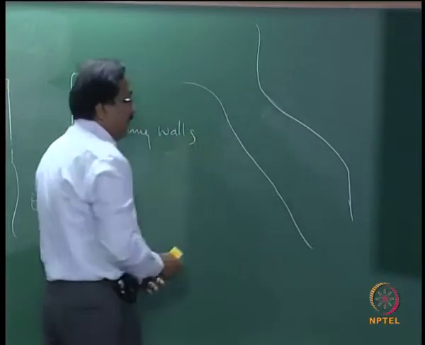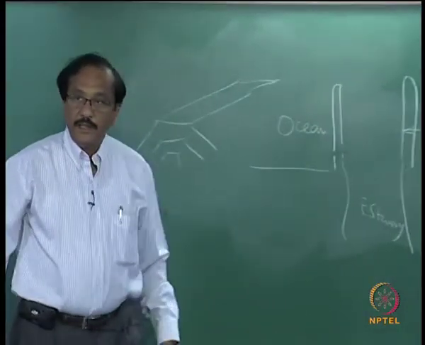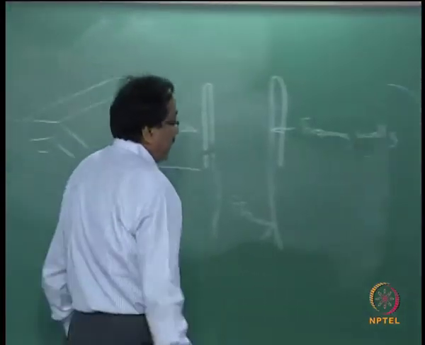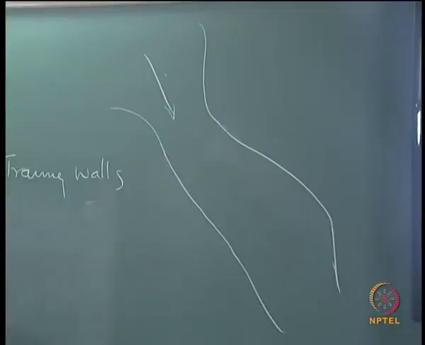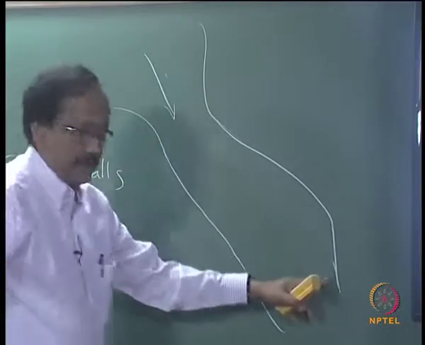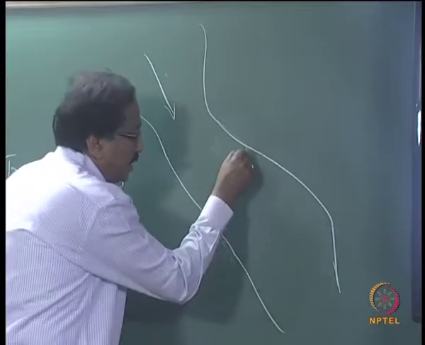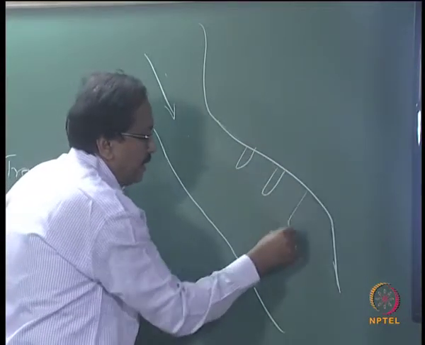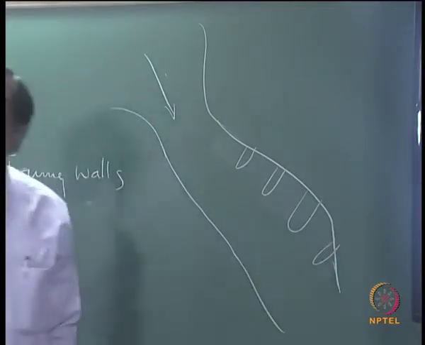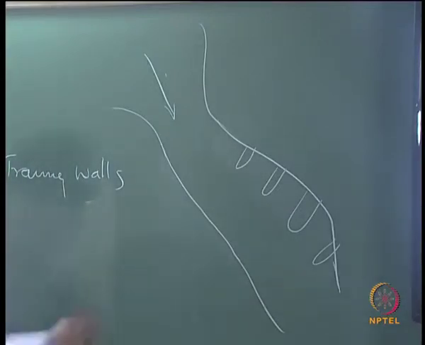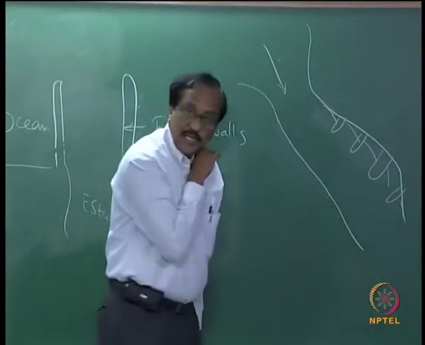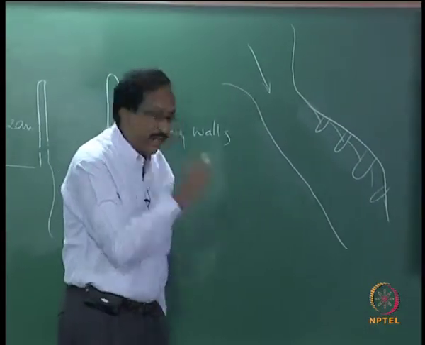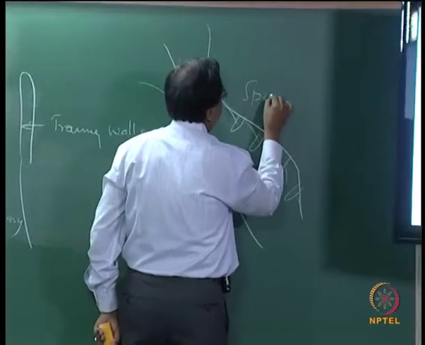Suppose you have this kind of configuration, I am talking about a river where there is a flow taking place. How to prevent the erosion of this bank? Here also you can have something like this, and in this case this will act almost the same as a groin, but we call this spurs.